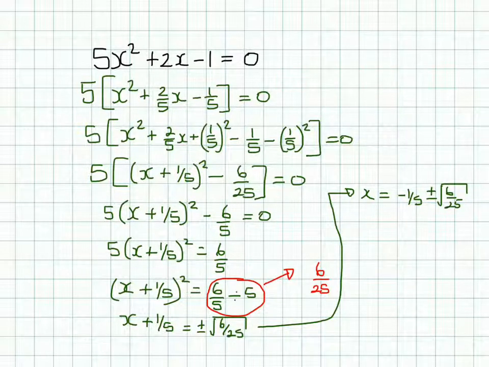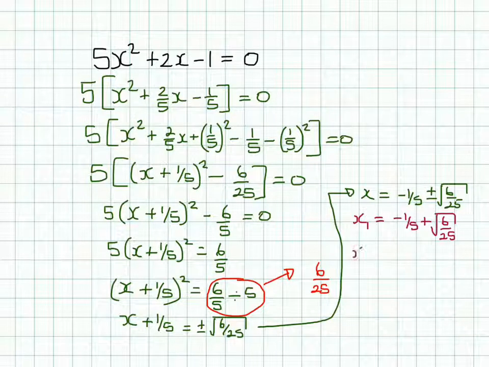The very first answer, I'll call it x1, is equal to minus a fifth plus the square root of 6 over 25. If you want, you can put that in your calculator and get the answer as a decimal. The second answer is going to be minus a fifth minus the square root of 6 over 25.